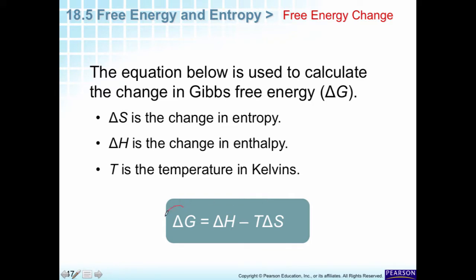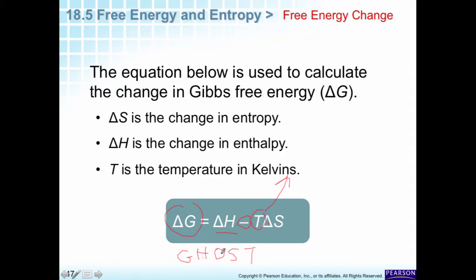So we come up with an equation, which is right here. We have delta G, the change in the Gibbs free energy, equal to the change in enthalpy minus the temperature in Kelvin times the change in entropy. Okay? So I call this the ghost equation. That's how I remember it, because it starts out with G, then it has a delta H in it.